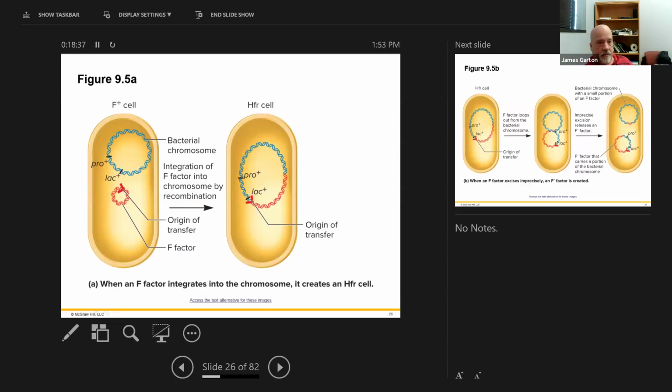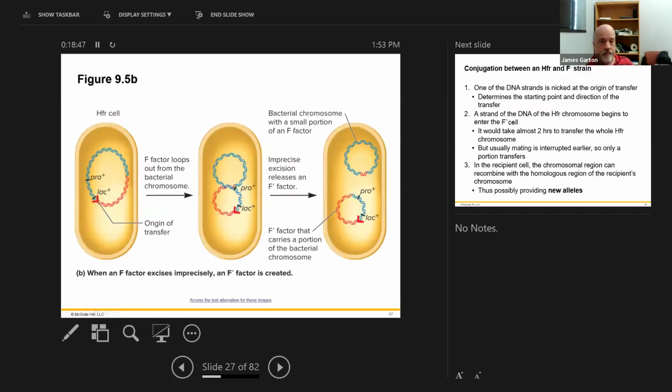And so here you have the F plus cell, the F factor is separate. Here you have the HFR cell. The F factor has been stuck in there. And during the transfer, here is your place where the origin starts. And you have a couple of genes on this chromosome that you can mark. And it starts to transfer.